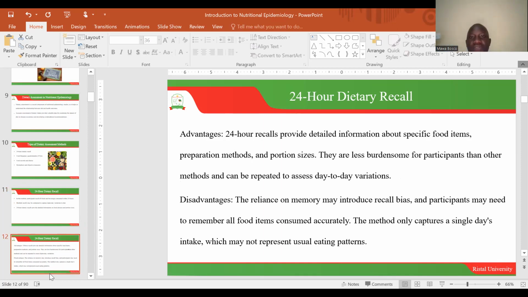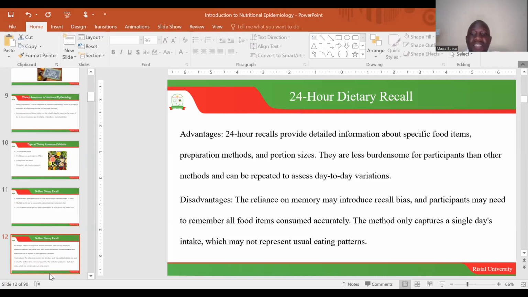The advantage of this is that you get a lot of detailed information about the different foods that someone has eaten and how much. So it is not really troublesome. It's relatively easy to carry out.